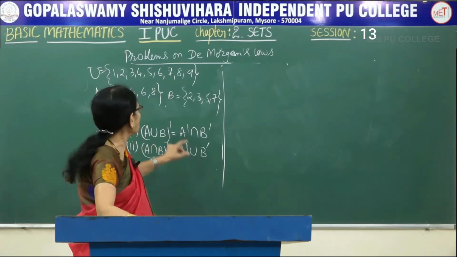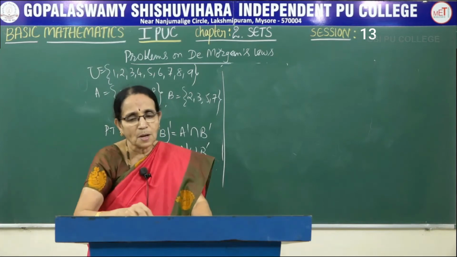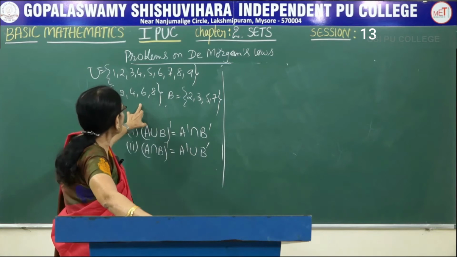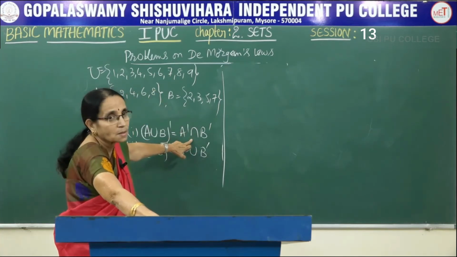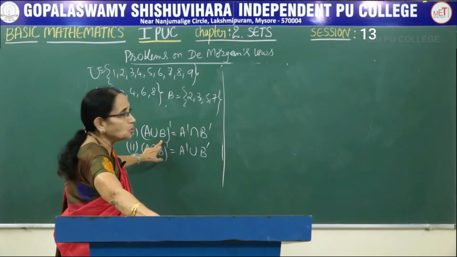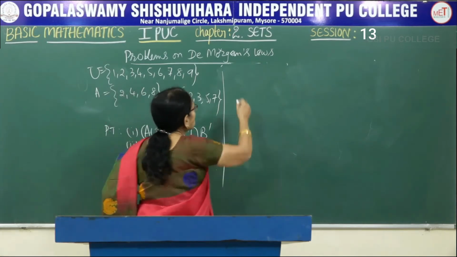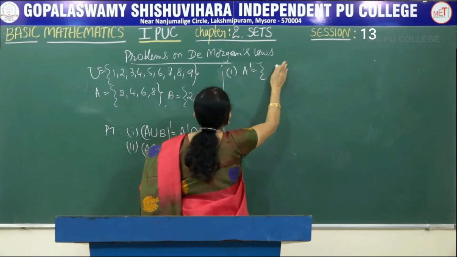Now let me come to the first part here. First let me take the first part of the problem. For that I have to calculate A is given, find A'. B is given, find B'. We need that on the right hand side. Then take the union and then we will take the whole complement of that one. So first let me write A'.